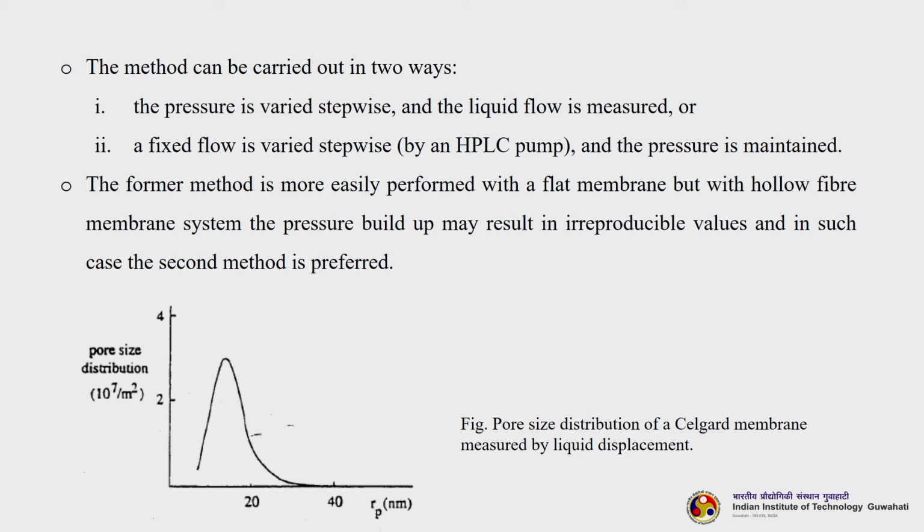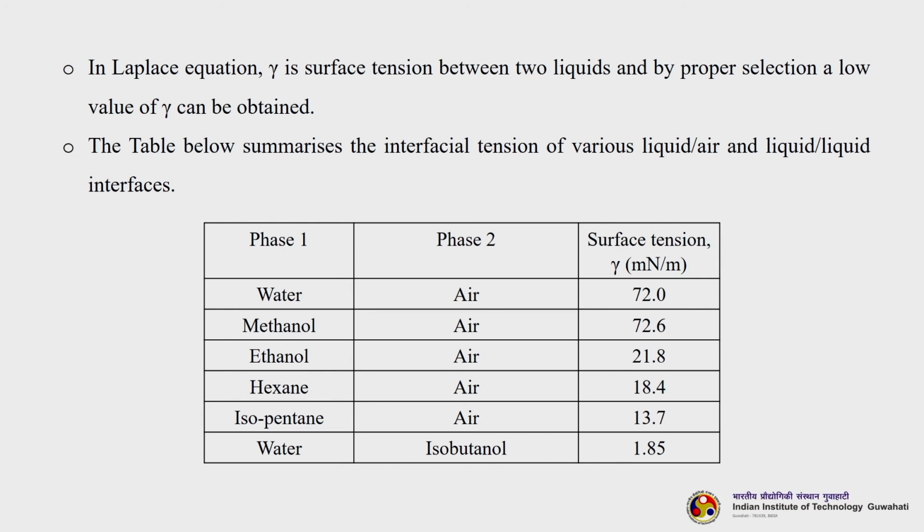So, this is one example of a pore size distribution obtained using this particular liquid displacement method for a Cell grade membrane. Cell grade is a commercial membrane. In the Laplace equation the surface tension between the two liquids is very important, and with proper selection a low surface tension value can be obtained.